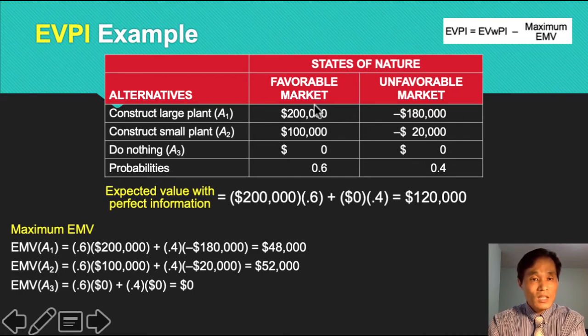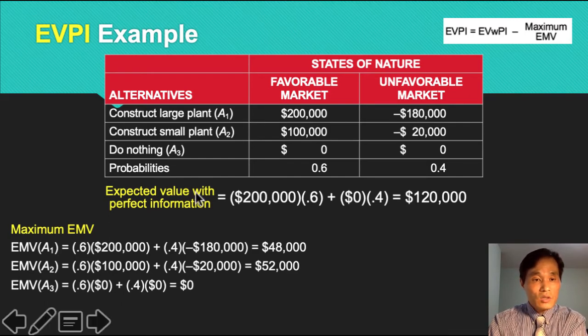So given that you know that favorable market will come true, then you are going to definitely invest your resources and choose this alternative option, A1, so that you can make about $200,000. Now, if you know that the market is going to be unfavorable, then definitely you are not going to do anything, because if you do anything, you will incur some loss, $20,000 or $180,000.